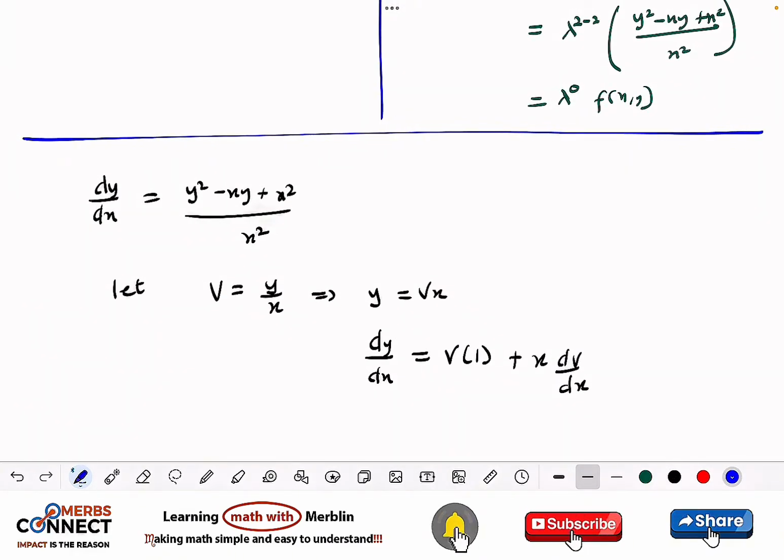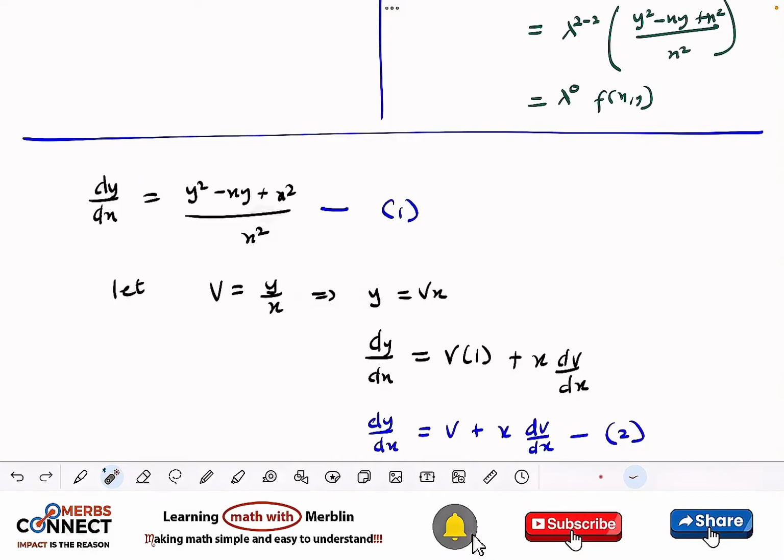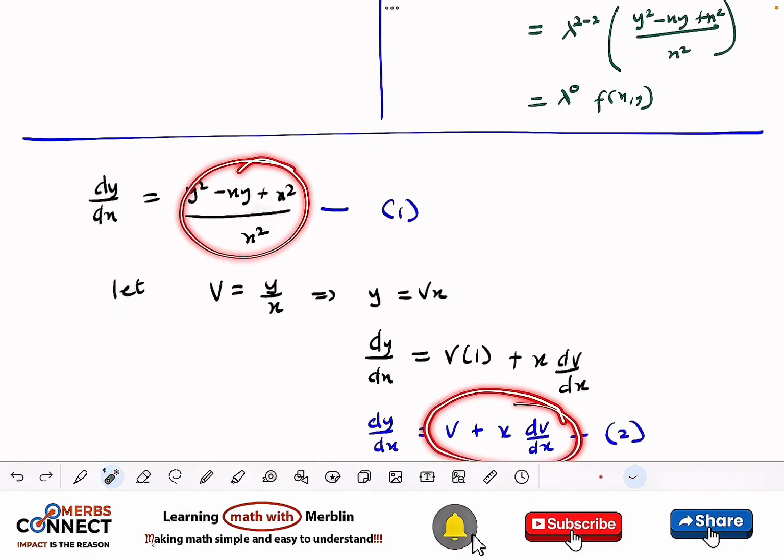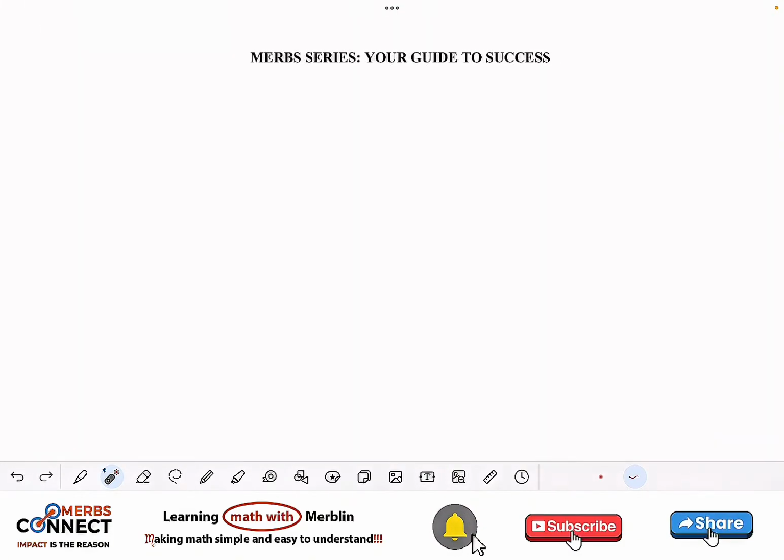And when I simplify it, I'm going to have dy over dx, which is equal to v plus x dv over dx. So you see what we've done. Let me call this one equation 1, and let me call this one equation 2. So we see that equation 1 and equation 2 are the same, because this is dy over dx, dy over dx. So I can equate the right to the right here. Okay, let's do that.